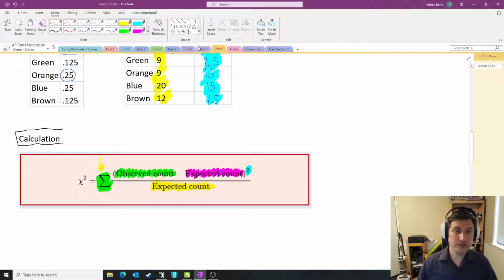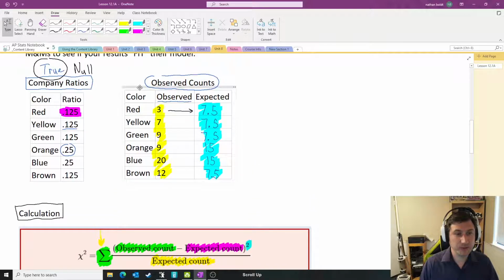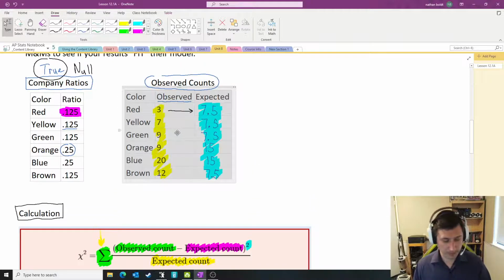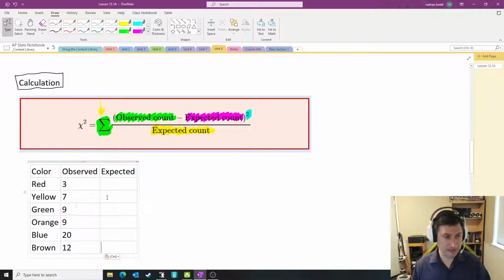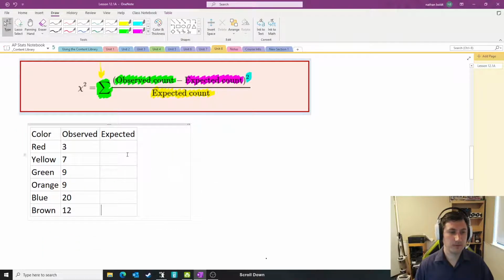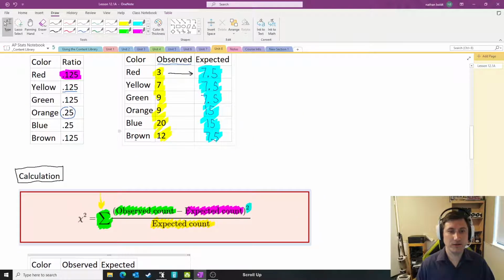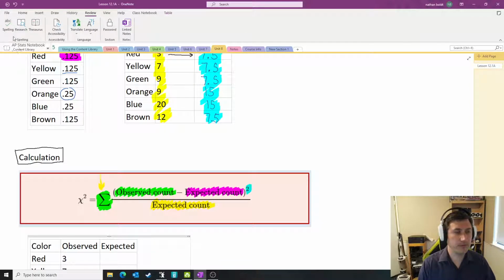So let's do this here together. Eventually our calculator will do this for us, but I think it is good for us to do the calculation by hand at least a couple times. So, 7.5s and 15s.